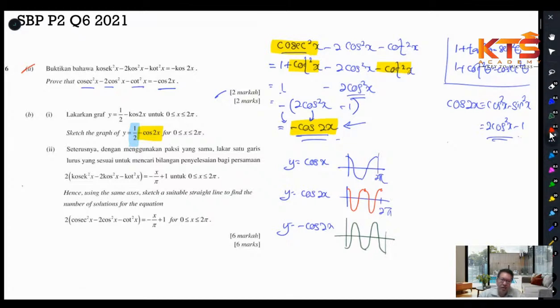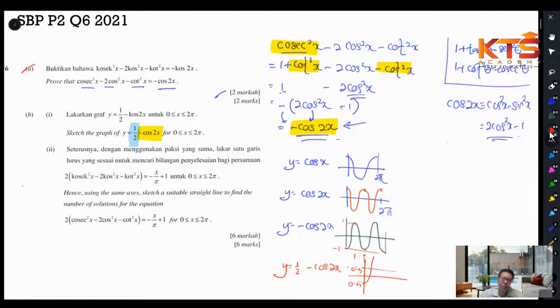This is 1, this is negative 1. Plus half means everything moves up by half. Then 0.5 is the center, 1 is the top.